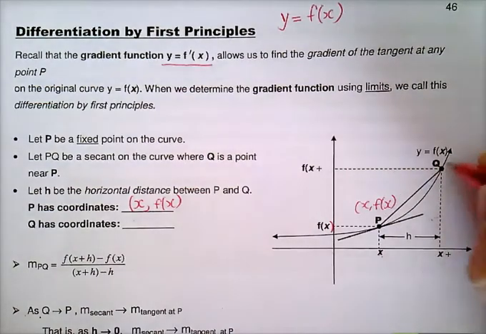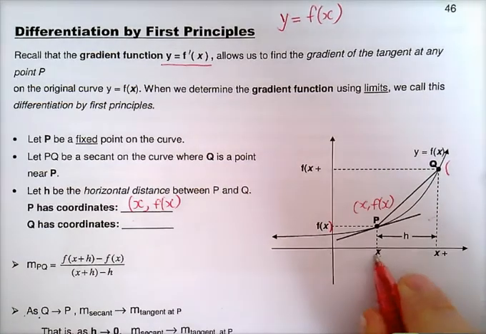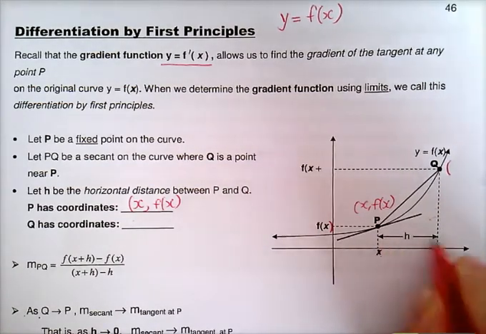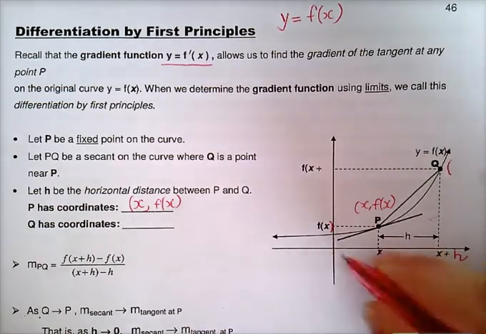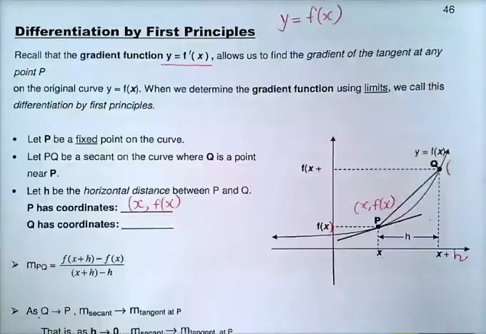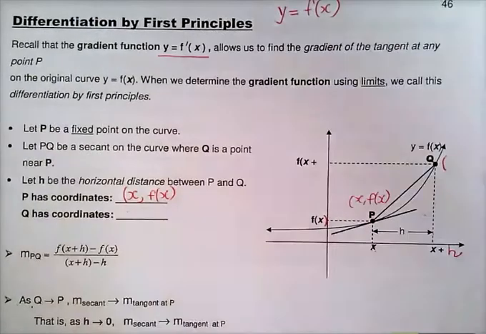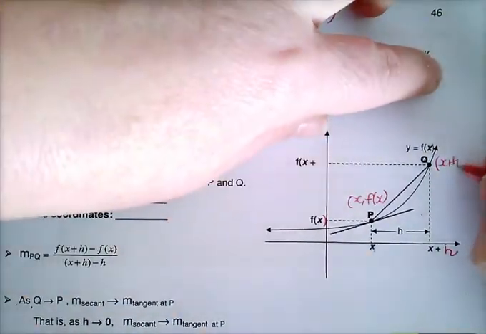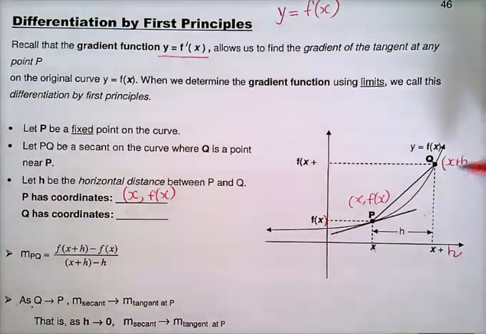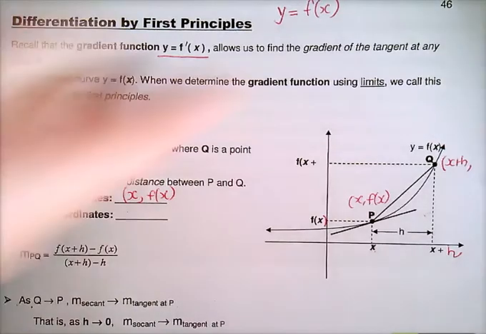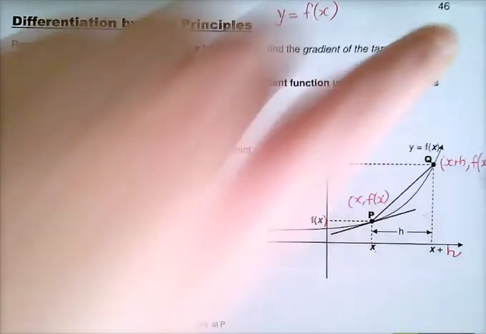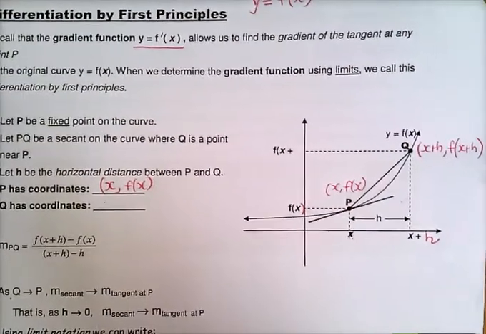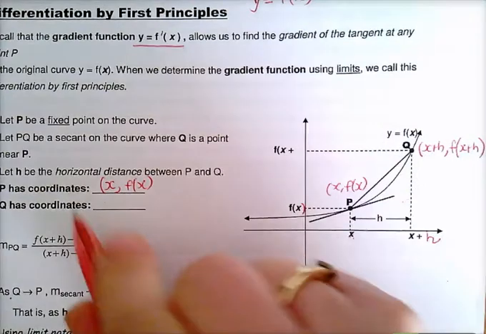Now point Q is not going to be called what it was called before. If this is x here and this extra little bit here is h, then this point here will be x plus h. So Q will have coordinates x plus h. And then we substitute the x plus h value into the function, and the y value will be function of x plus h.